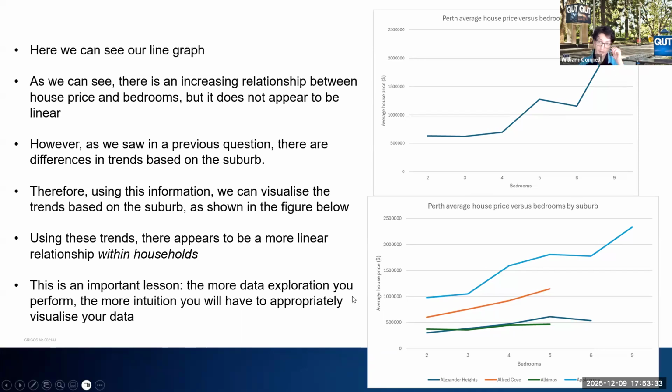Okay, so if we hadn't done the analysis prior, breaking it up by suburb, we wouldn't have had the intuition to investigate it. So this is an important lesson. The more time you spend doing data exploration work, the more intuition you will have about an appropriate way to visualize your data.